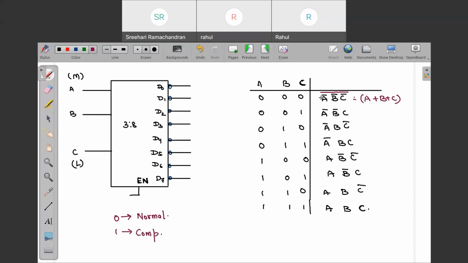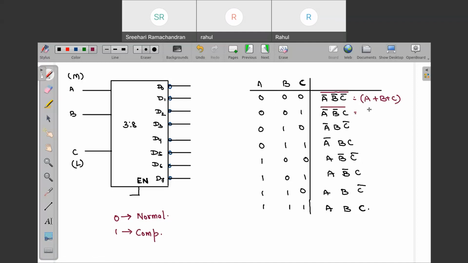And this we can see over here also. If I wanted to write the maxterm corresponding to A equal to 0, B equal to 0, C equal to 0, it will look like this, or if we simply take the complement, it will be A plus B plus C, which we are also getting.